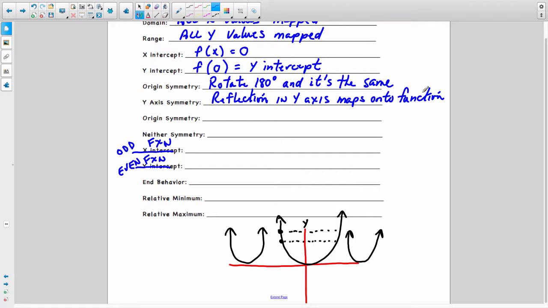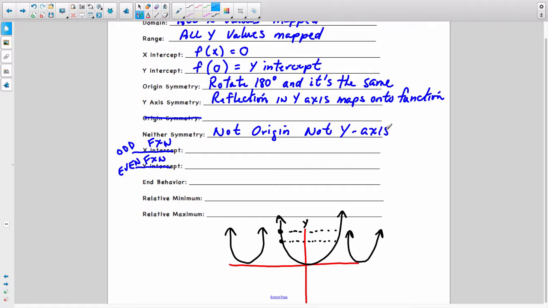Cool. Okay, so origin symmetry, cross that out. Now, neither symmetry is quite obvious. It's not origin, not y-axis. It's anything else, okay?